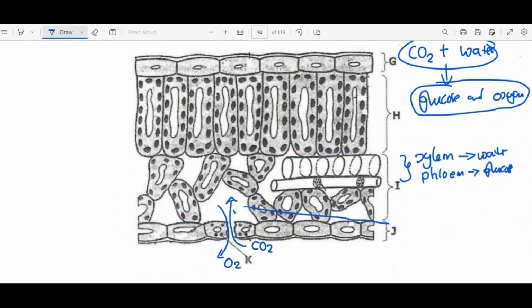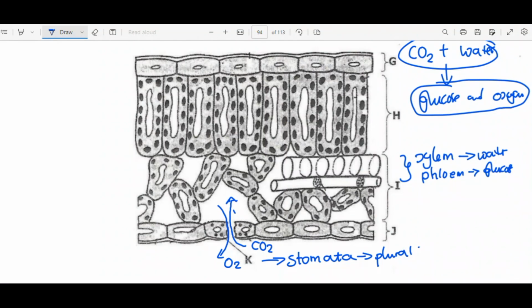Then this one is our lower part, which contains small openings known as stomata. Stomata is plural, stoma is singular. Right, so the stomata can close or open, depending on the condition of the day. Then the cells that are responsible for controlling the size of the stomata are cells denoted by K, which are the guard cells.